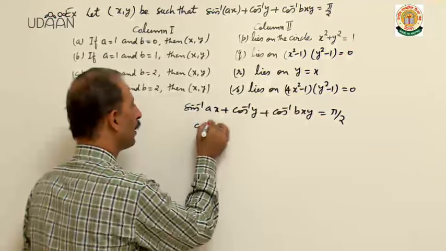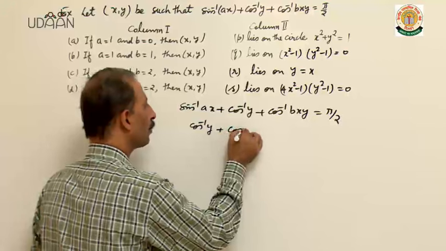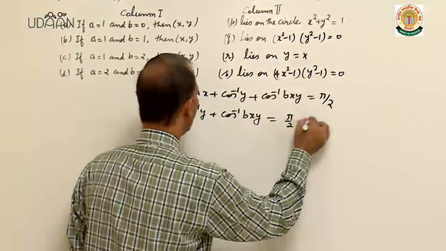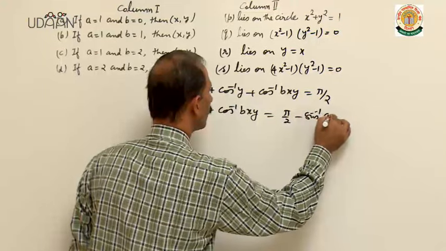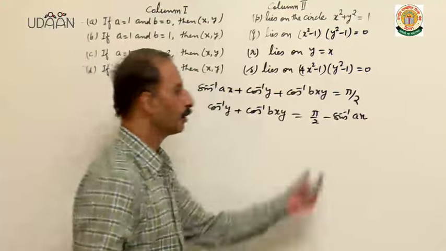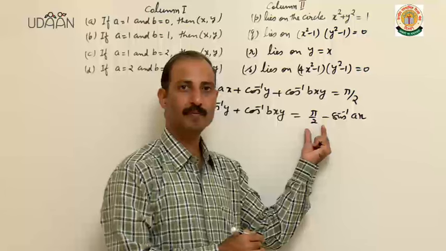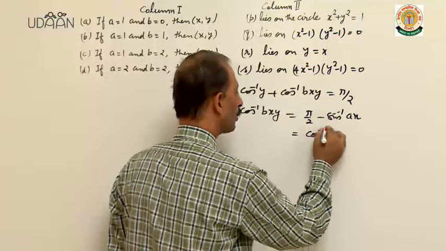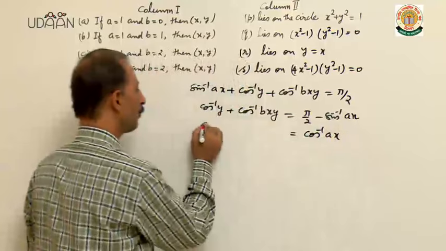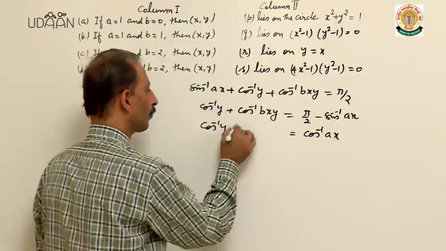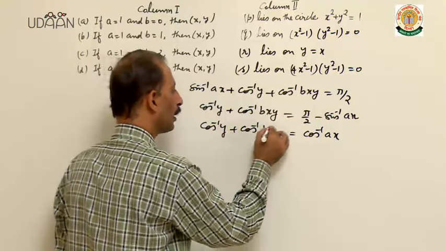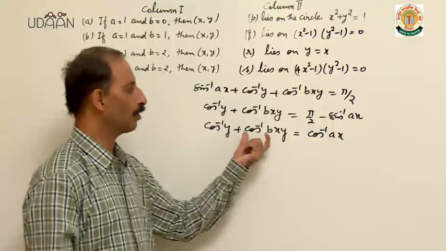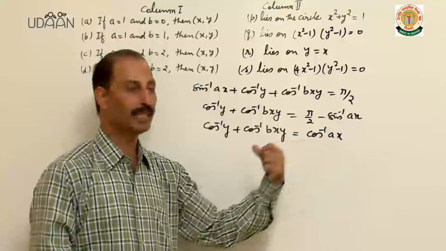So cos inverse y plus cos inverse bxy is equal to pi by 2 minus sine inverse ax. Now you know the identity, children: pi by 2 minus sine inverse ax is cos inverse ax. So you get the relationship between cos inverse y, cos inverse bxy and cos inverse ax.